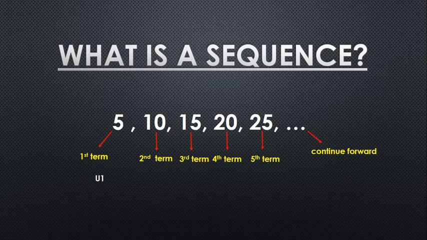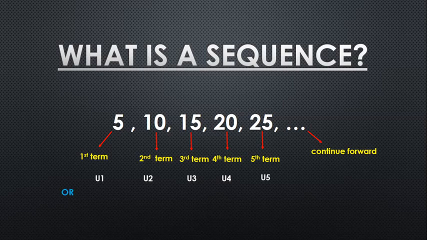Now, instead of writing first term, second term, and third term, and so on, we give abbreviations such that the first term is U1, the second term is U2, the third term is U3, and so on.